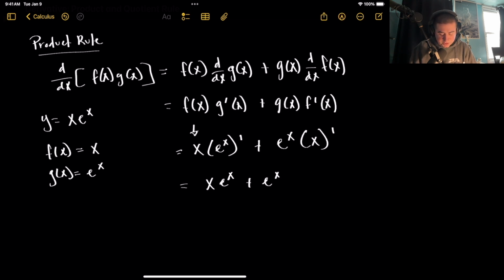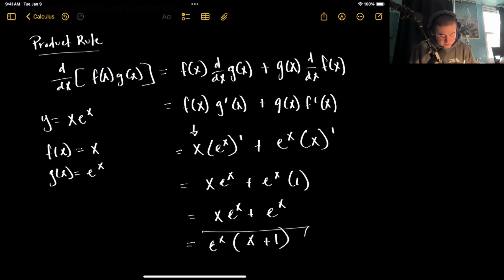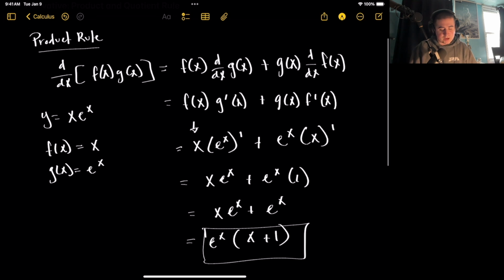X prime is just 1, so we will have x times e to the power of x plus e to the power of x. Now you could factor out the e to the power of x and just have x plus 1 inside the parentheses, and this will be your final answer.